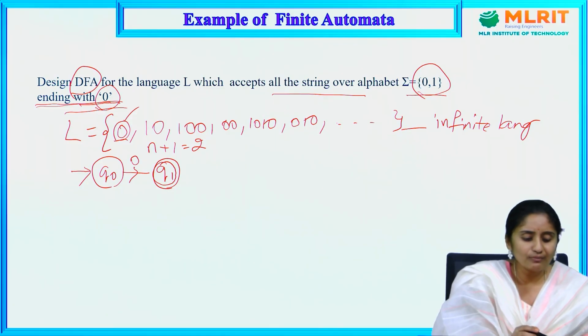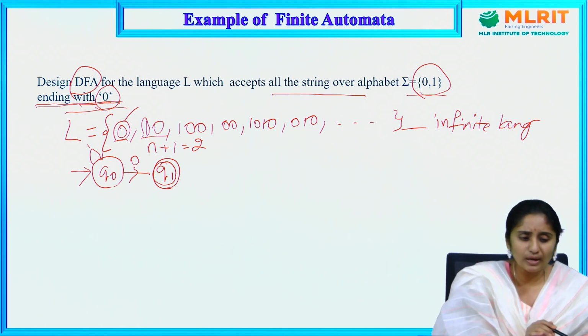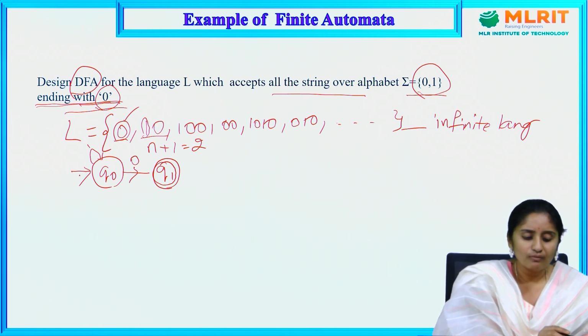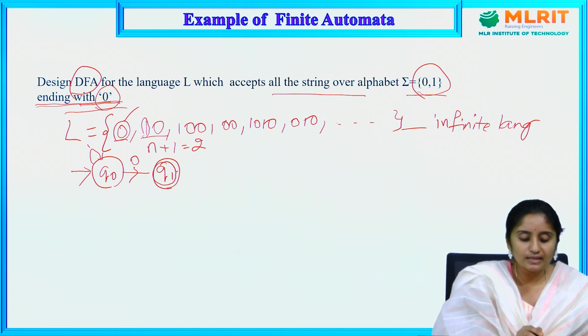So, the next one I am having is 1, 0. See here how we are going to construct the DFA diagram. The first is 1, so I can place here 1. Starting from Q0, on 1, then 0, it is reaching the final state.